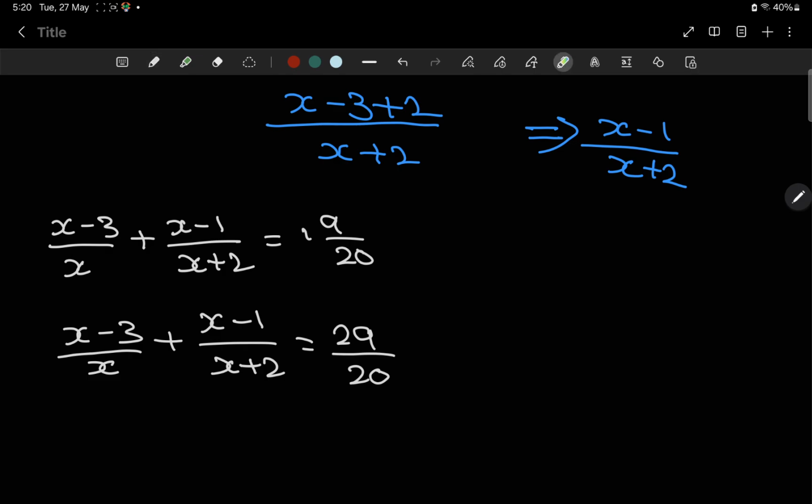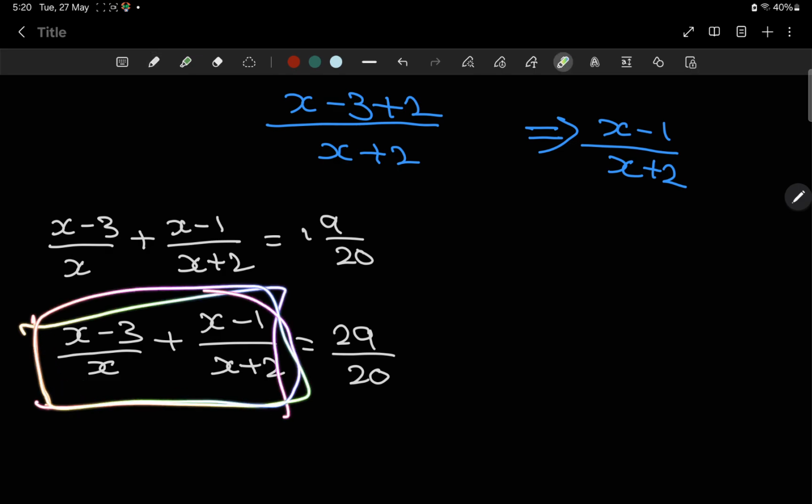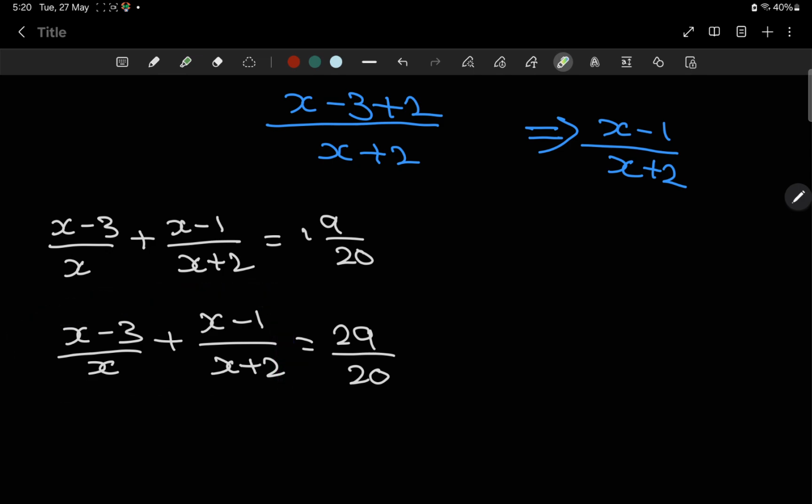So now let's simplify this equation by cross multiplying. We should multiply this diagonal and this diagonal, and the diagonal products should be added, and we multiply the two denominators. Let's see how.